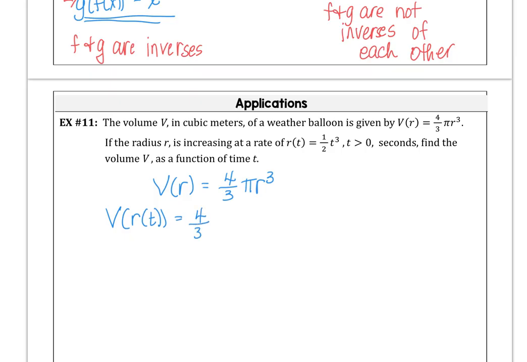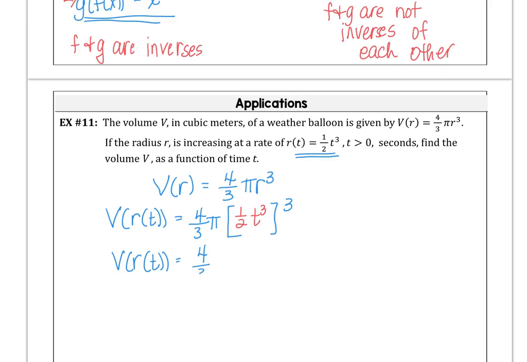So 4/3 pi r cubed, and we're substituting r of t, which is 1/2 t cubed. Simplifying that, we've got 4/3 pi. We can think of this as t to the 9th divided by 2 cubed, 8.